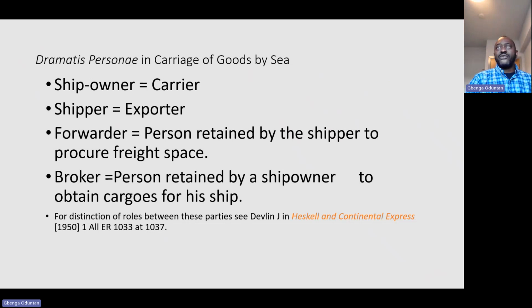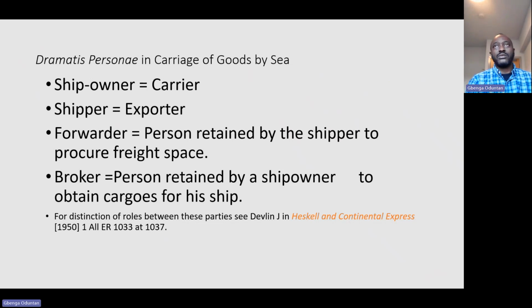Let's identify a few of the dramatis personae, the practitioners in this area of academic discourse. The ship owner would sometimes be referred to as the carrier.